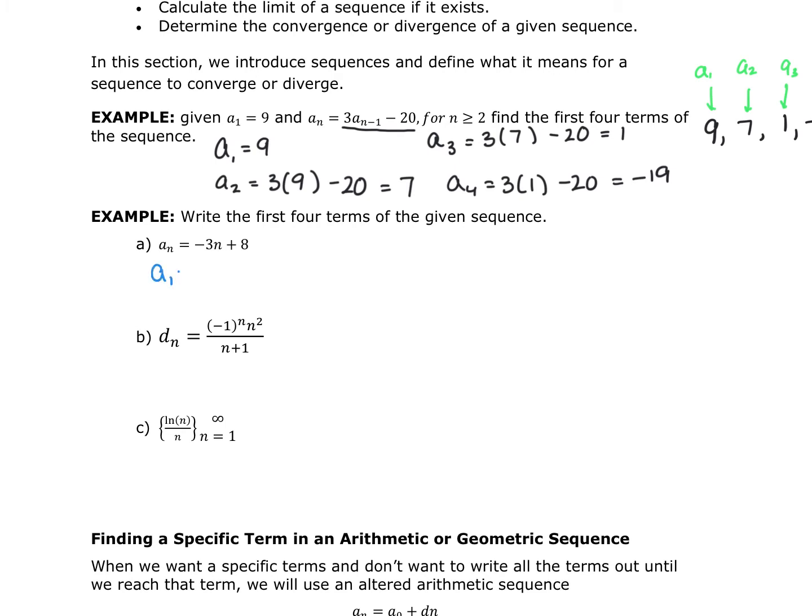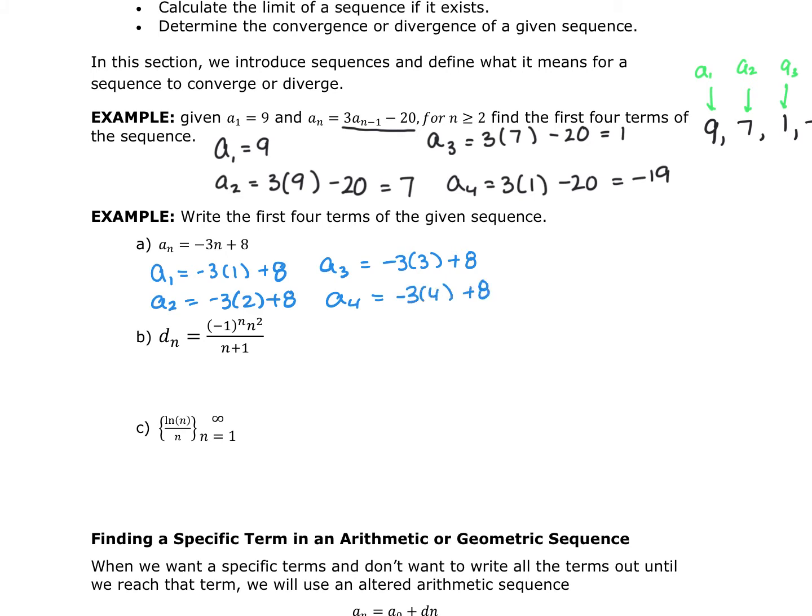So a sub 1 is going to be negative 3 multiplied by 1 plus 8. A sub 2 is going to be negative 3 multiplied by 2 plus 8. And then a sub 3 would be negative 3 multiplied by 3 plus 8, and then a sub 4 would be negative 3 multiplied by 4 plus 8.